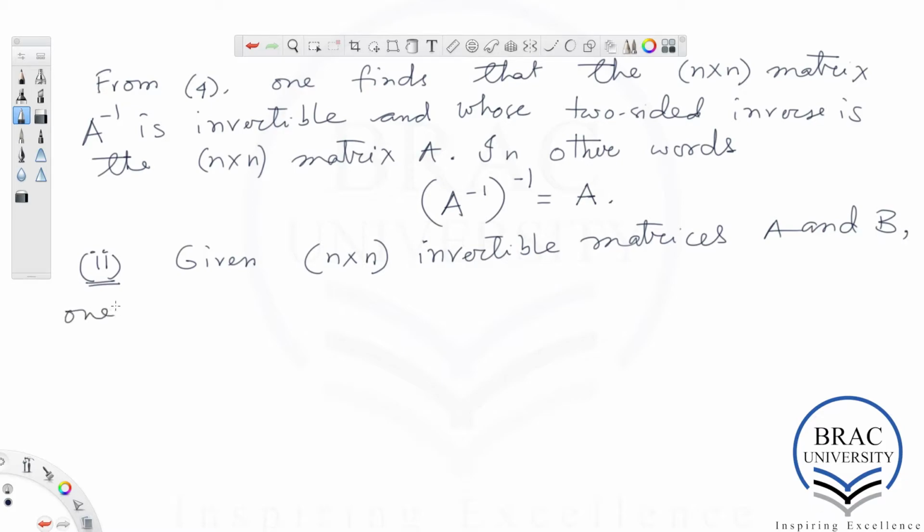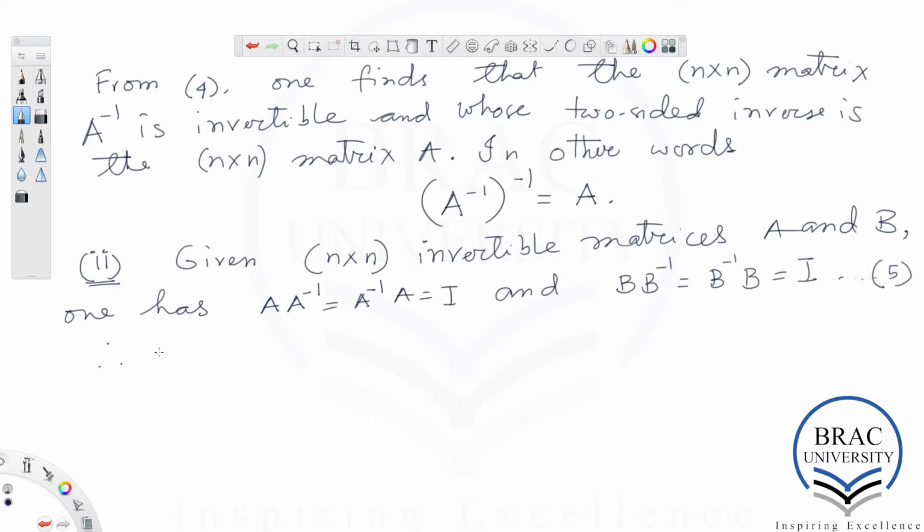From the invertibility of A, one deduces this: A times A inverse is equal to A inverse times A is equal to I, and from the invertibility of B, one writes B times B inverse is equal to B inverse times B is equal to the identity matrix. This is our equation number 5.